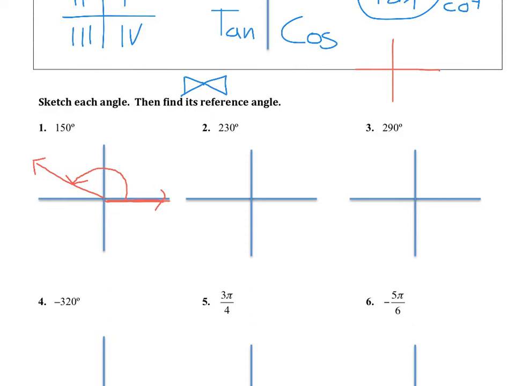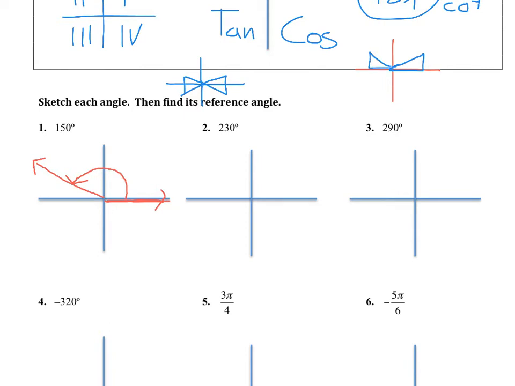Imagine a bow tie. If your angle is in quadrant 1, you draw the triangle like that. If your angle is in quadrant 2, you draw the triangle like that.